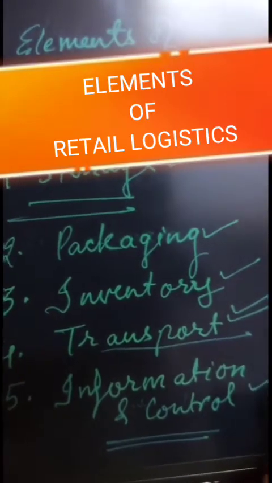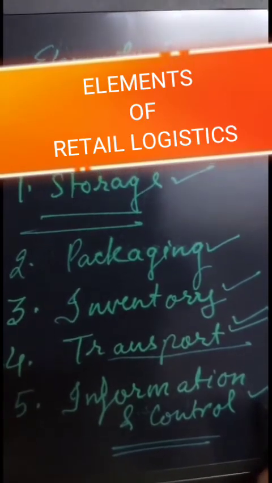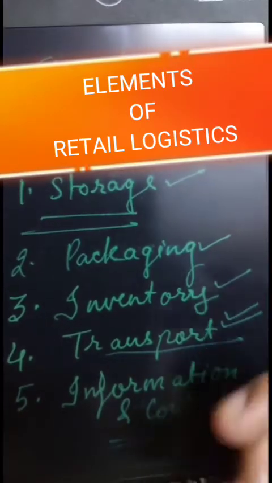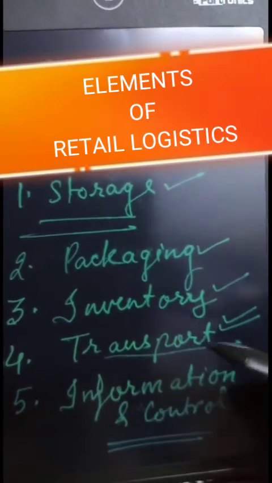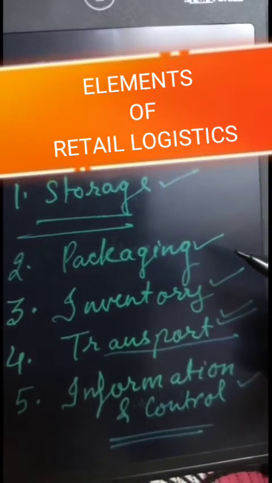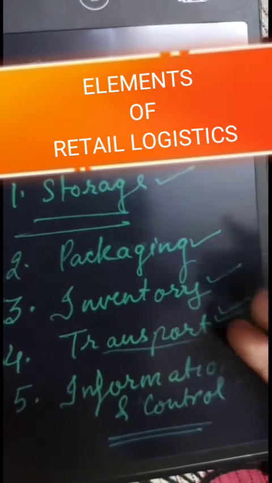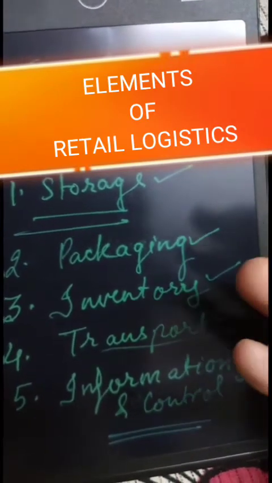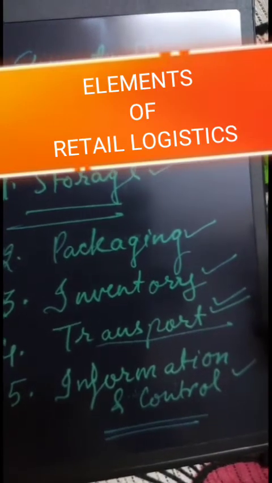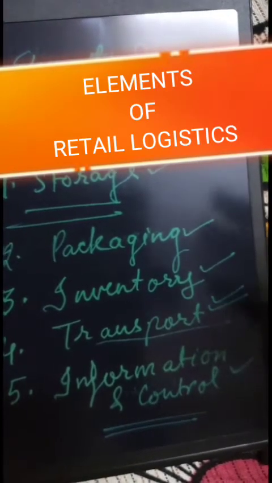Next is the role of information and control. The element of information and control is needed by all the elements to act as a trigger to various operational procedures. They are also key in forecasting of demand and inventory as already mentioned. You can see it gives information and control.